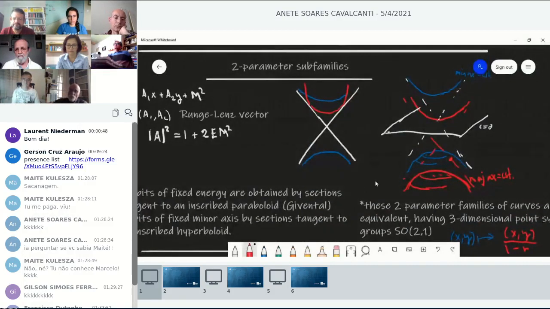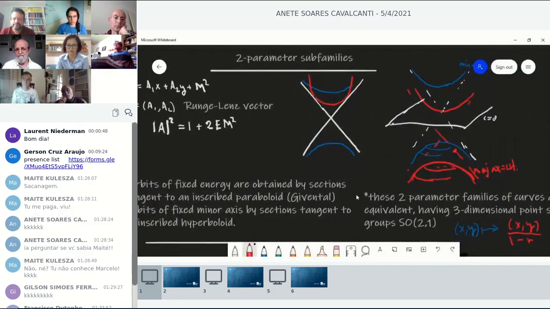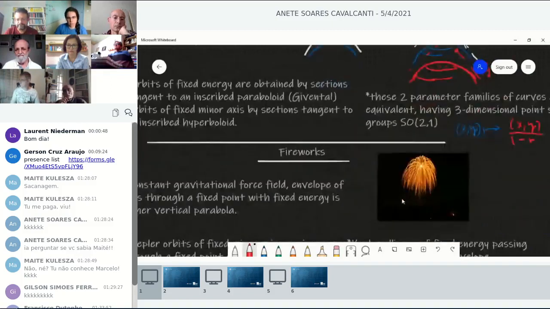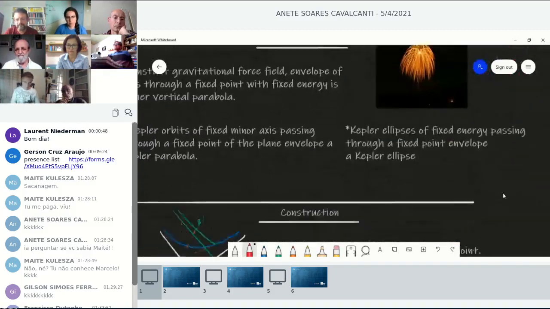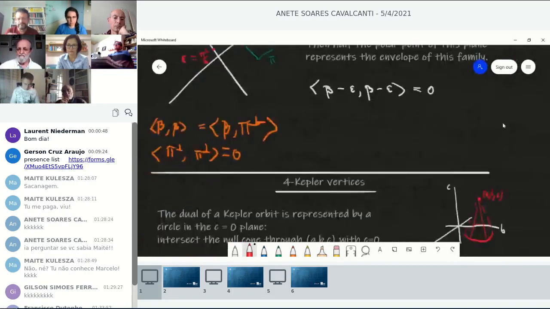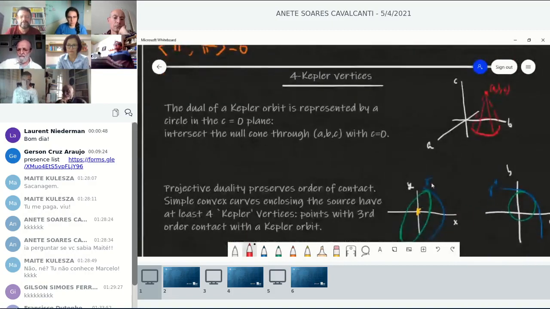So that's what I had in mind with the applications: new ways to get results about these fireworks, this Lambert theorem, or this special four-vertex theorem. So applications of this set of symmetries make it easier to prove what, to me, are hard-to-see geometric facts.